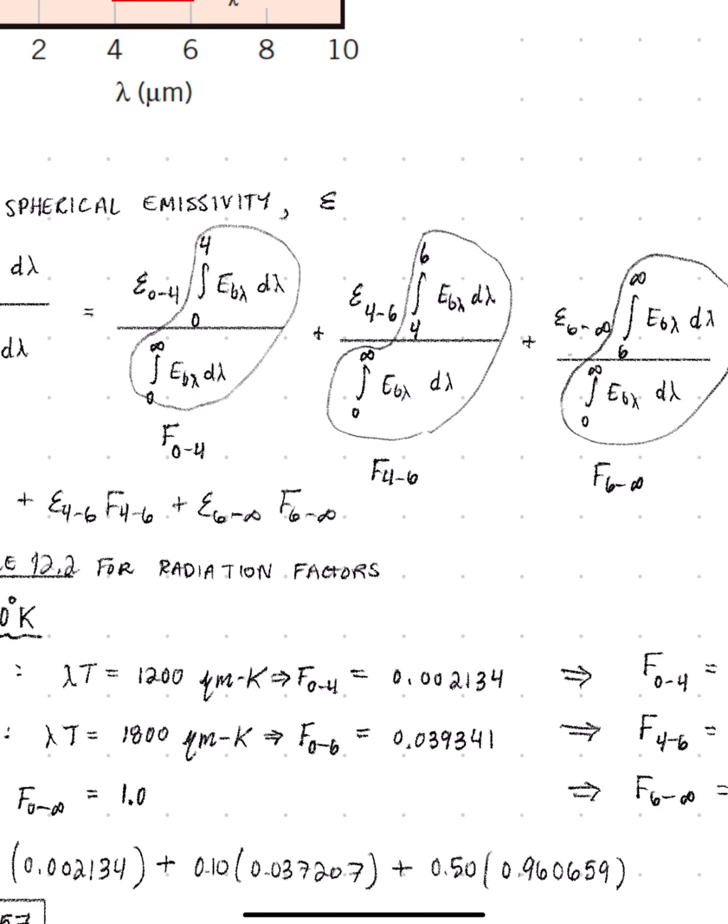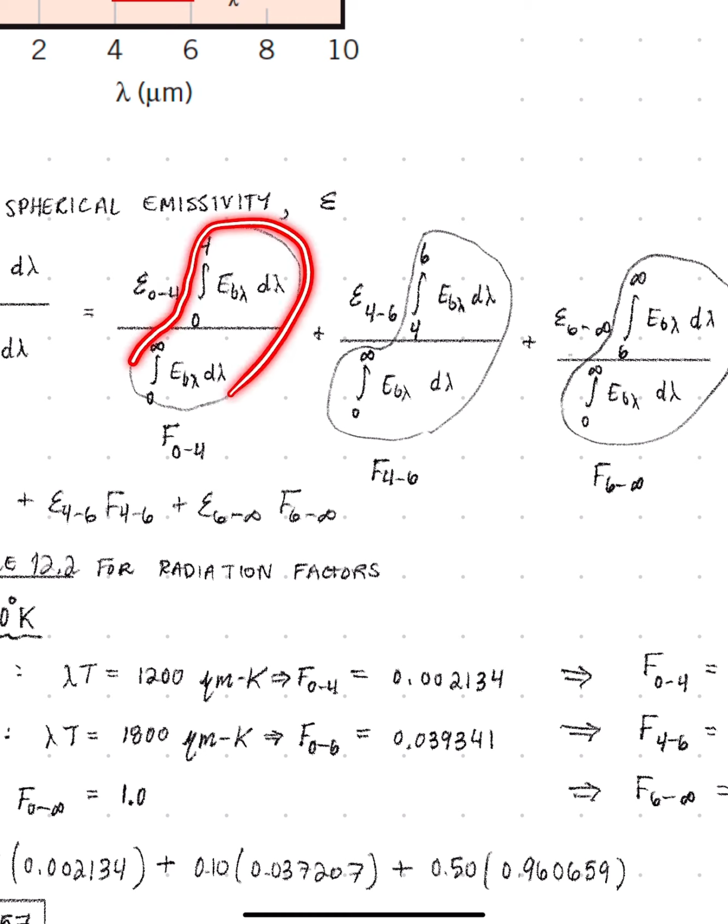So after splitting those integrals up, we get terms where the emissivity is constant in those wavelengths, so we can pull it out of the integral. So we get our emissivity from 0 to 4 micrometers times the integral from 0 to 4 times our emission power in lambda divided by our total blackbody radiation.